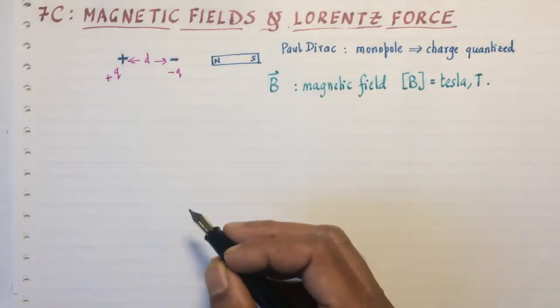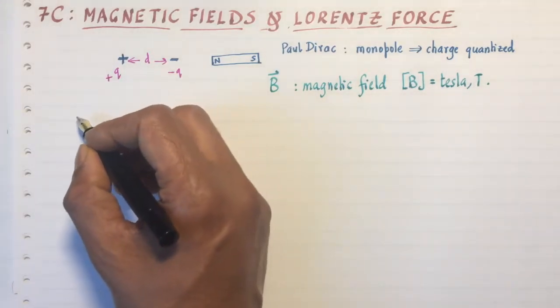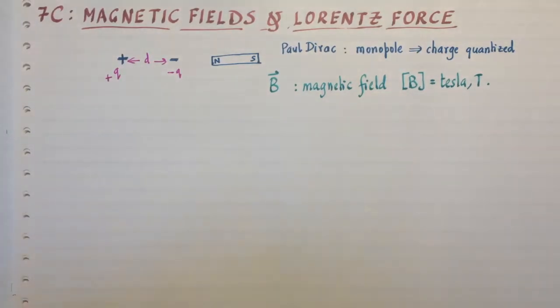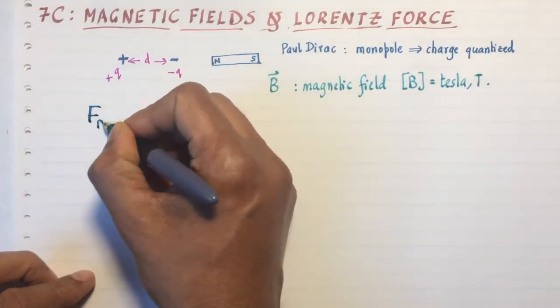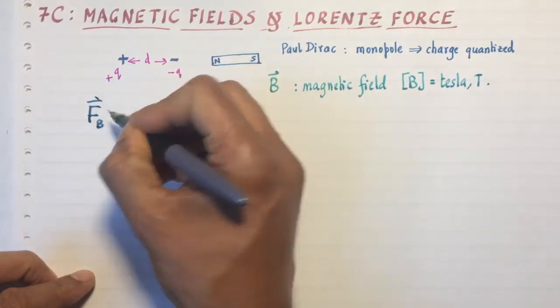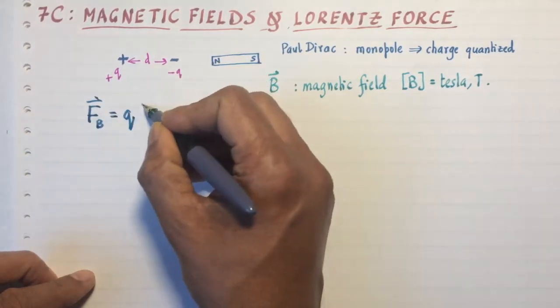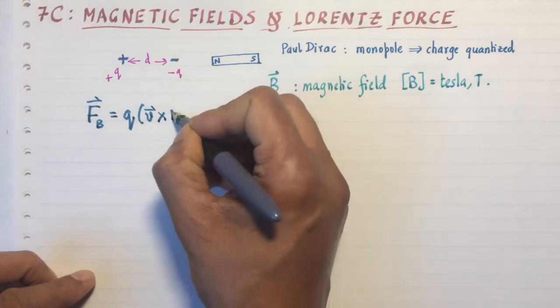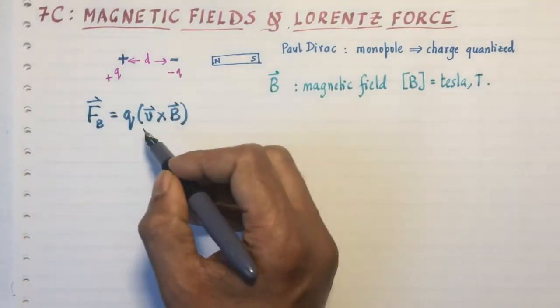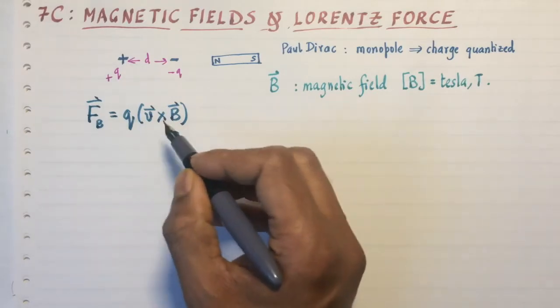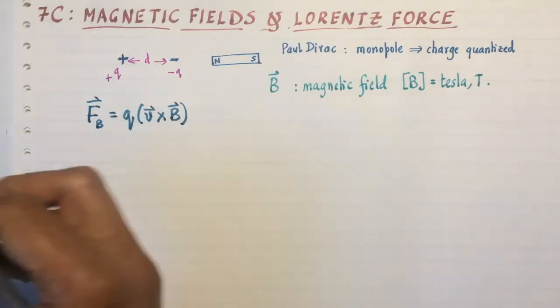If you have a magnetic field out there, what kind of force does any particle feel? The force felt by a particle in a magnetic field, known as Fb, is given by the formula Q times V cross B. This shows us many things immediately. It shows us that the magnetic force occurs in a plane that's perpendicular to both the velocity and the magnetic field.